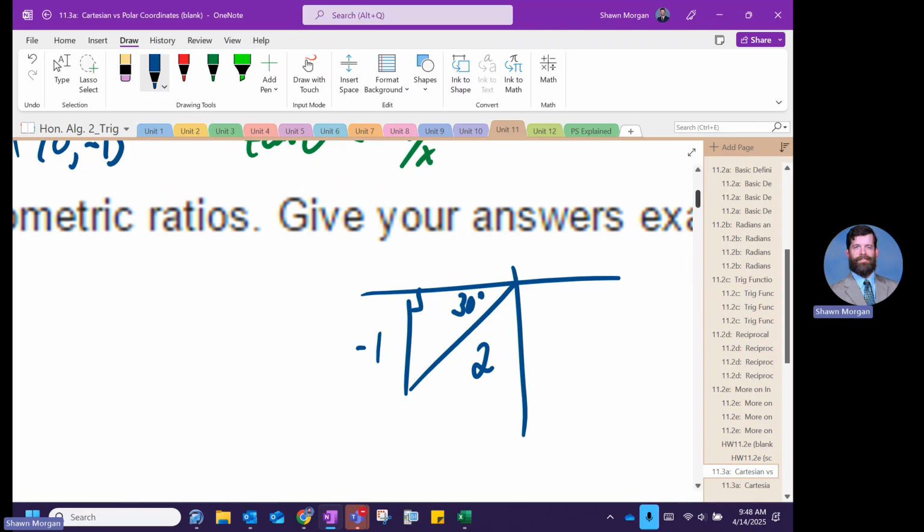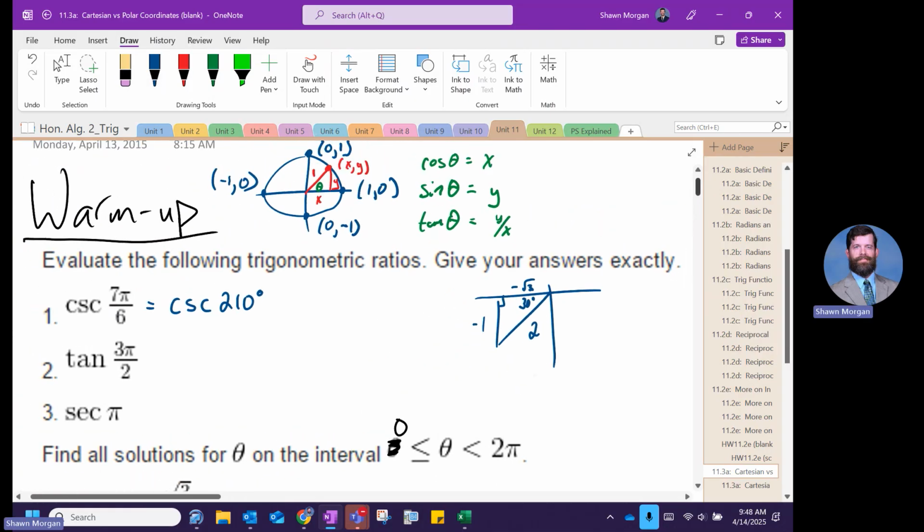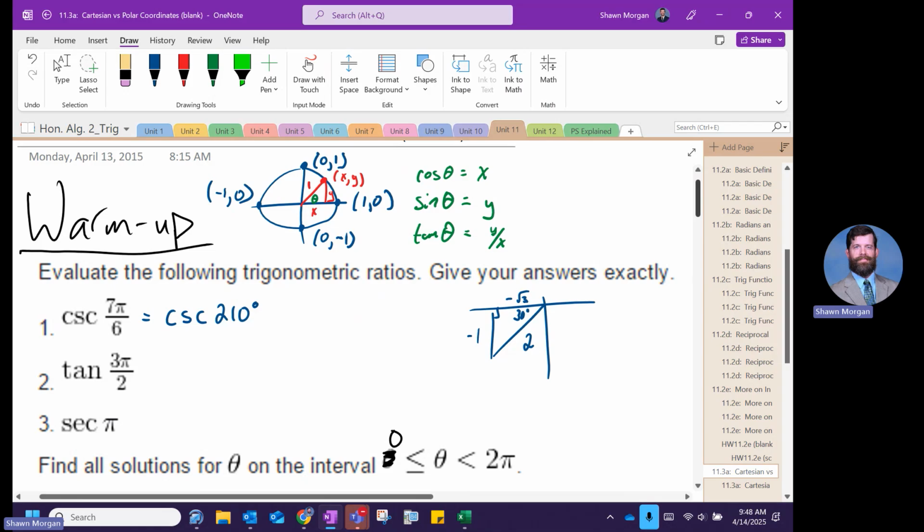Good. And then, very nice. I love a couple things. Number 1, he knew directionality. If I'm going down, it's negative. If I'm going left, it's negative. Number 2, he knew exactly where to go in his notes to find that 30, 60, 90-degree triangle. Ideally, we have it memorized, and that comes through practice, practice, practice.